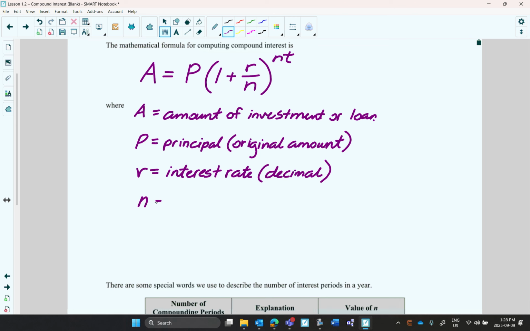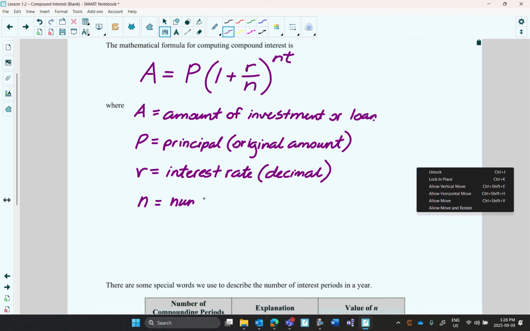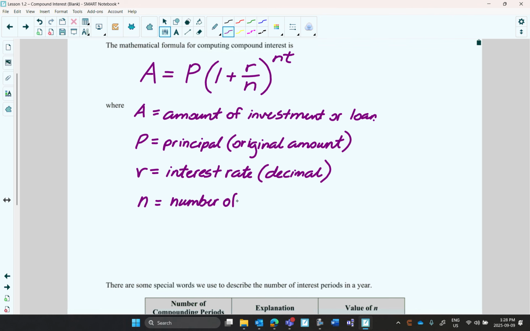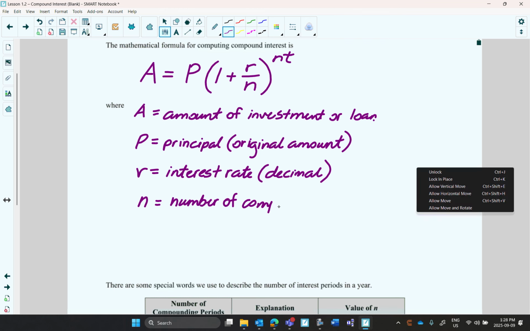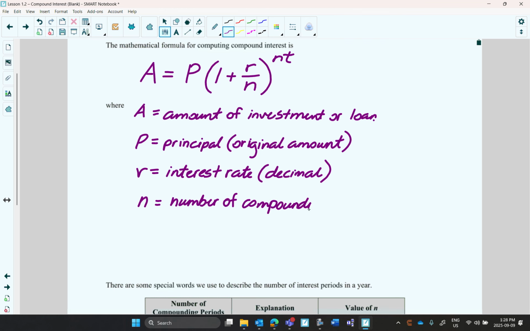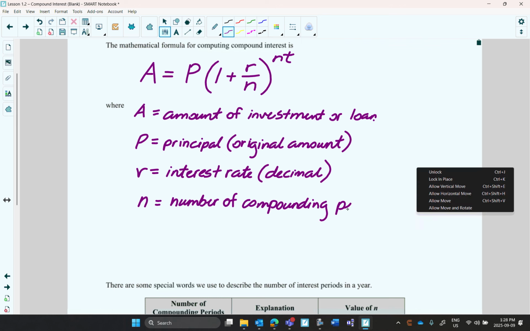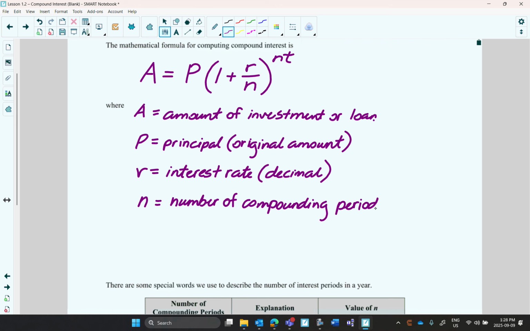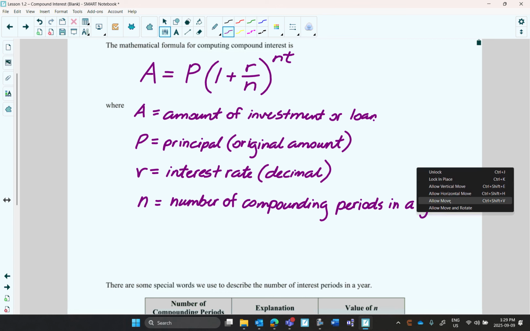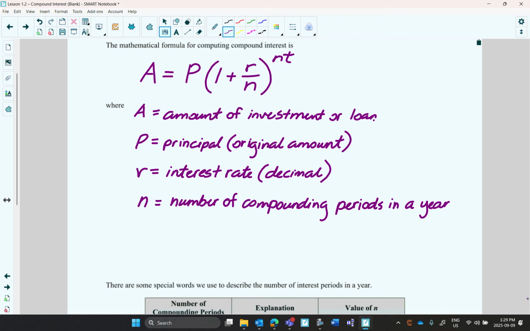N, that's new. It's the number of compounding periods. What that means in a year. If something is compounded annually, interest is calculated once a year at the end of the year.